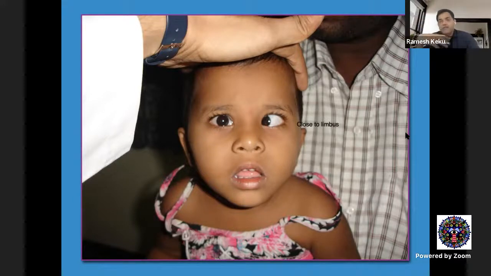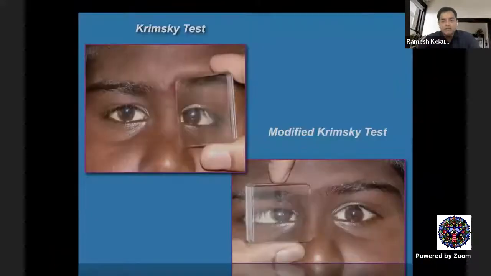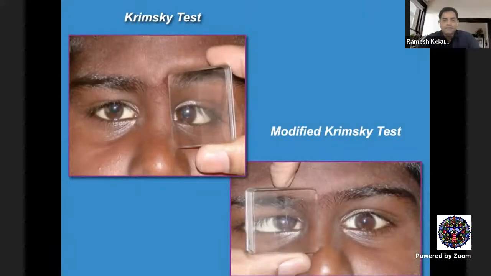Sometimes we have 100 or 120 degrees of strabismus, or not 120. Probably 90 is the maximum I have seen, looking at the medial wall of the orbit. So it can be close to 120 prisms or 140 prisms sometimes, and you can only measure 50 prisms in your set, or 95 prisms. So that's about it. This is Krimsky's test.